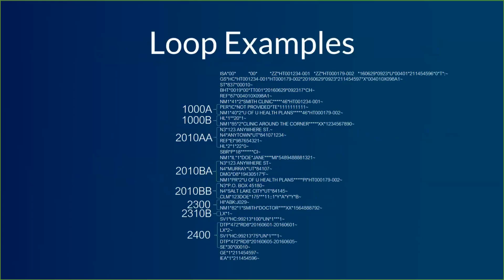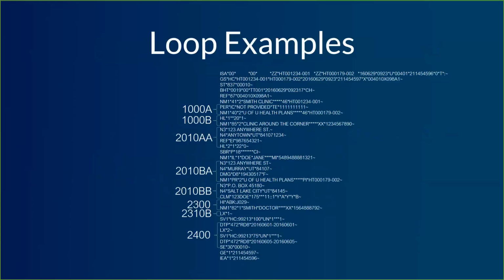The other thing is that the range of numbers goes from about 1000 to about 2430, 2440, in the 2400s certainly. So if someone says I'm looking at the loop 2300, I know right off the bat I'm probably looking further than halfway down the claim, closer to 3/4 of the way down because it's near the end of the possible range of loop numbers.